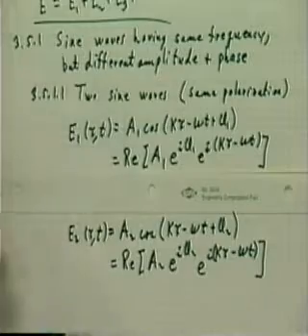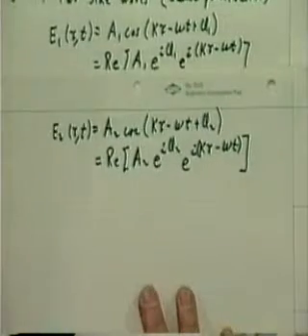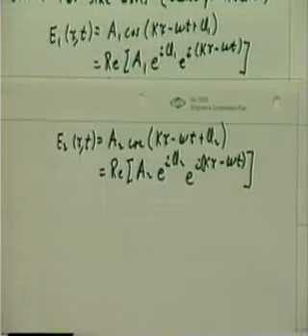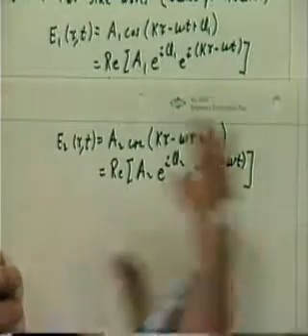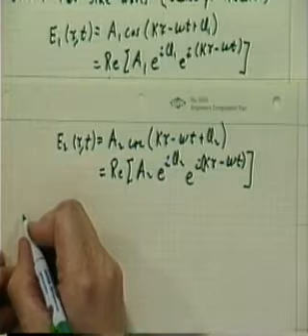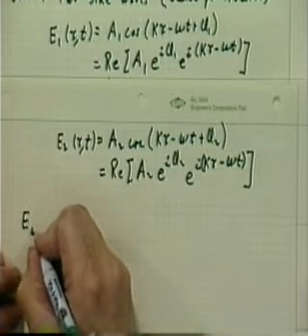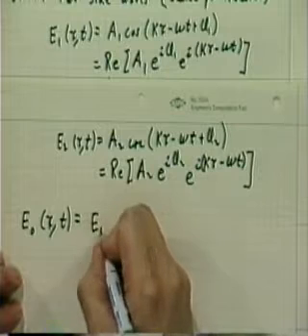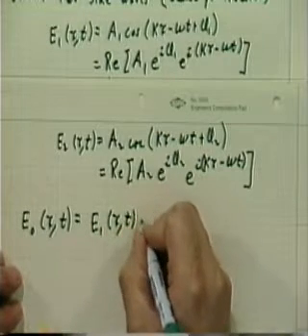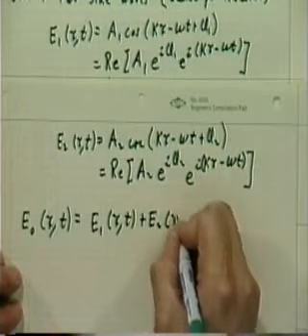Okay. So now I'm going to add up these two and write down some, I guess I call it, E0 of x and t. It's equal to E1 of x and t plus E2 of x and t.